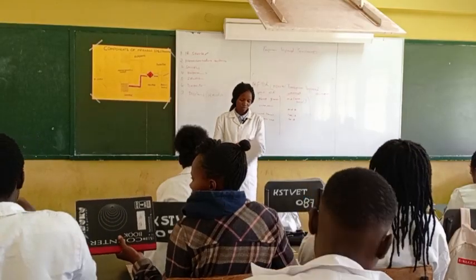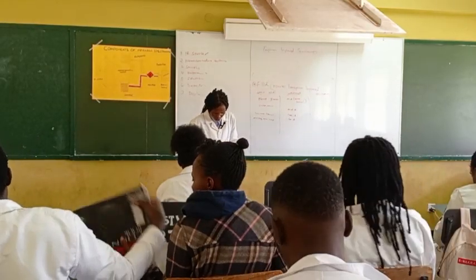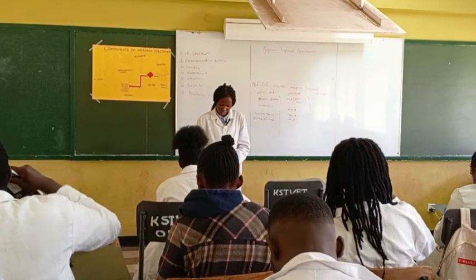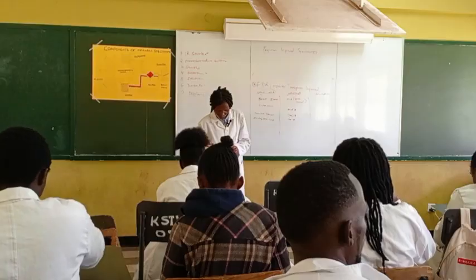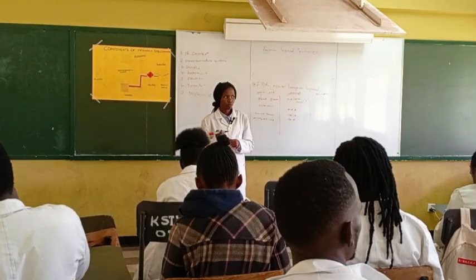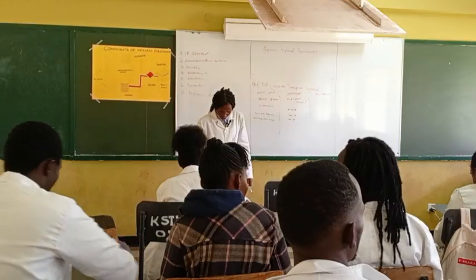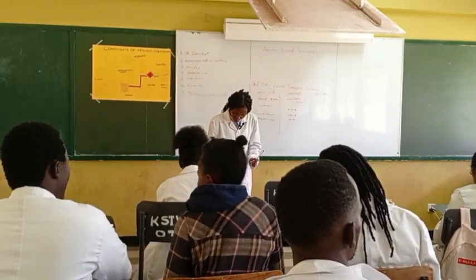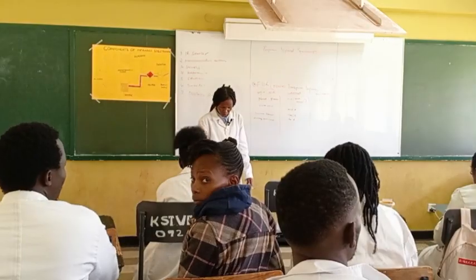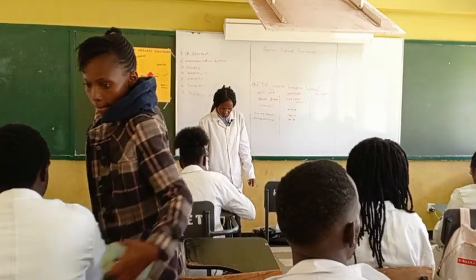Then we have the detector, which detects the IR radiation after the interaction with the sample. I hope that's understood. Then we have the common types of detectors: the thermocouple, then the bolometer, then the pyroelectric detector, and then the photoconductor detector.